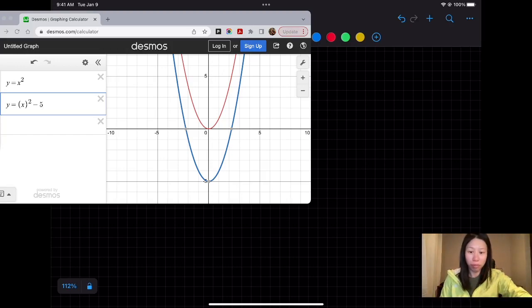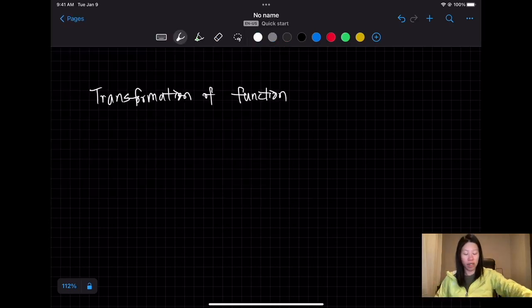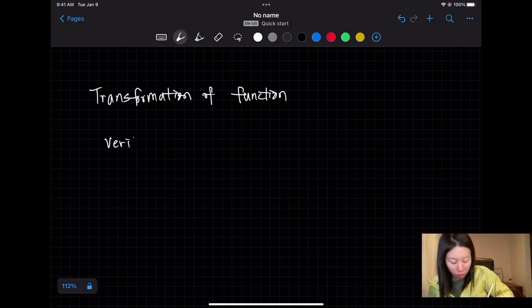So here is the shifting transformation of a function. If you add or subtract a certain number at a certain position, the function is going to change. Okay, as you can see, there are two directions, right? One is vertical shift.